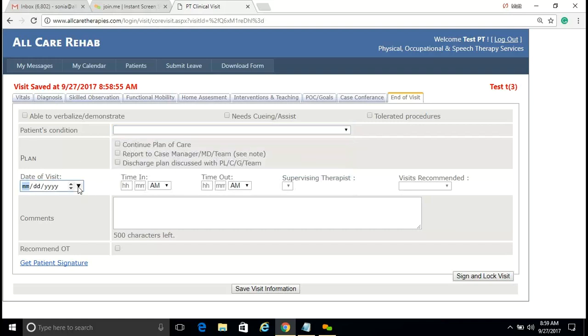This is your date of visit, time, so we'll just put 11 a.m. It has to be a 45-minute visit for you to bill it. For physical therapists and occupational therapists, it's very, very important that you are calling the home health agency during an evaluation, re-evaluation, and discharge.